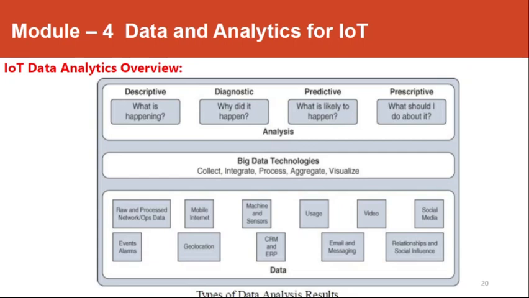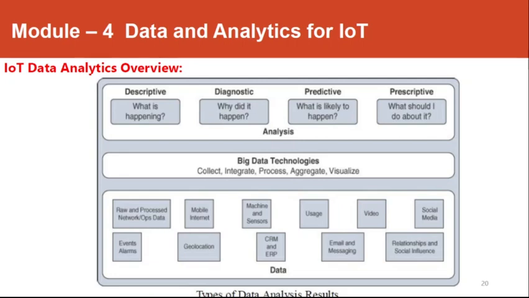Data may be generated by smart objects, and may be raw or processed data. It may be mobile, internet, machine and sensor, usage, video, social media, events, alarms, geolocation, CRM or ERP, emailing and messaging, relationship and social influence.